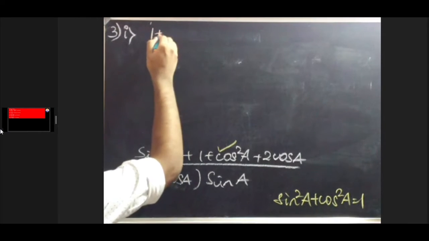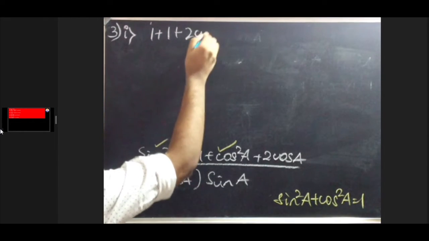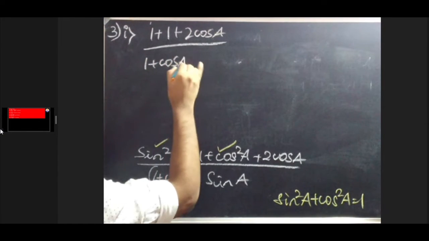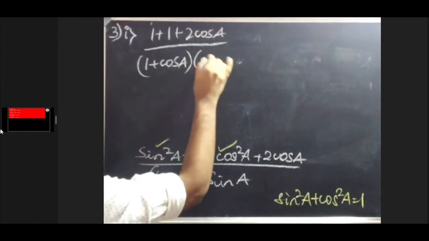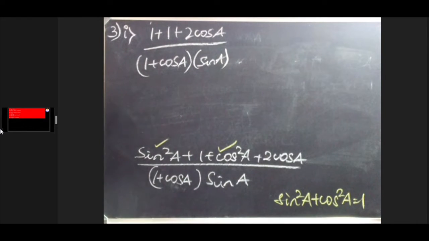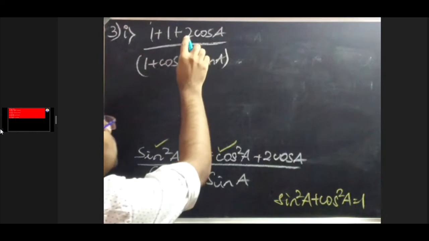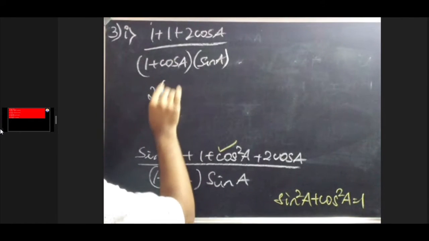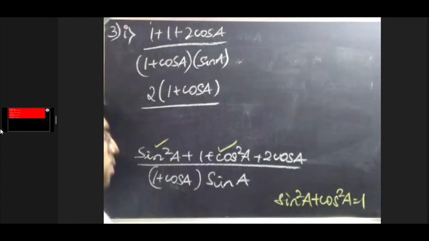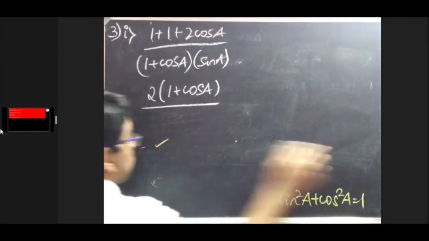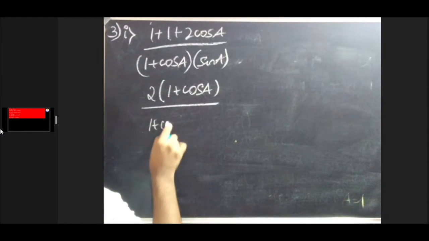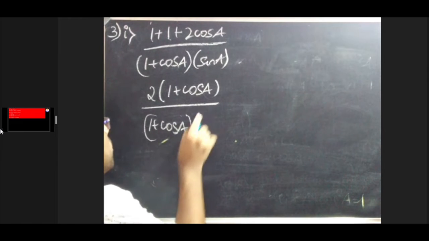So 1 plus 1 plus 2 cos A divided by 1 plus cos A into sin A. Then 1 plus 1 is 2. 2 is common in both. 2 times 1 plus cos A divided by 1 plus cos A into sin A.